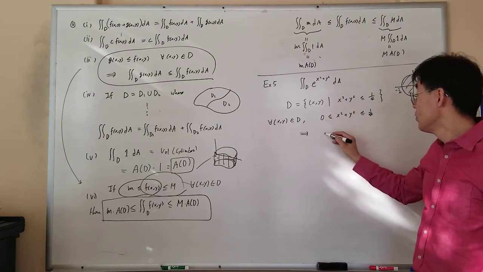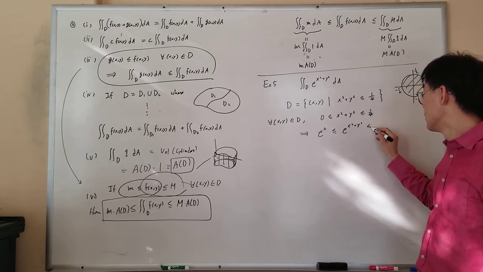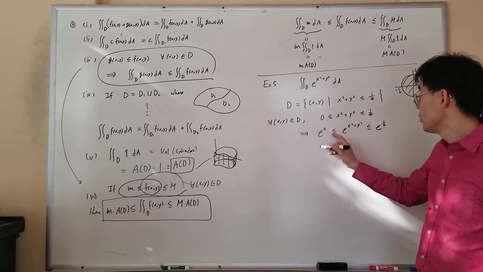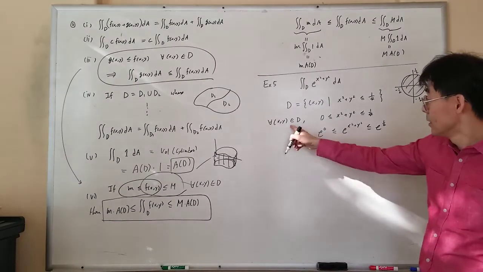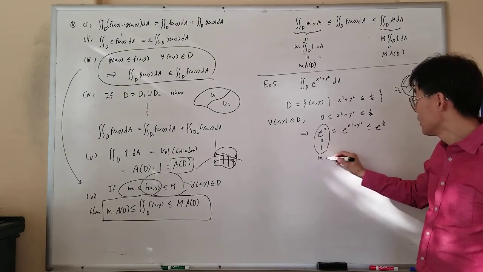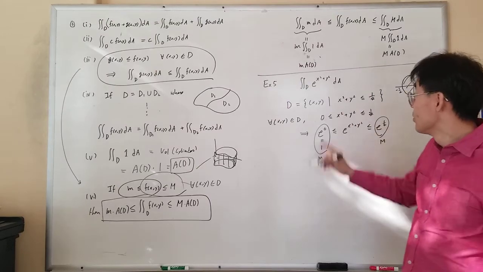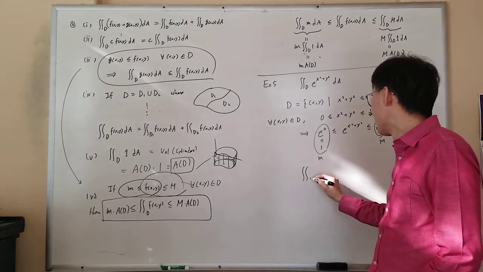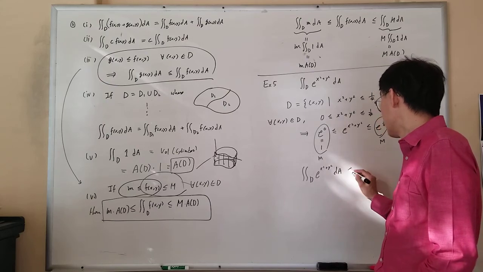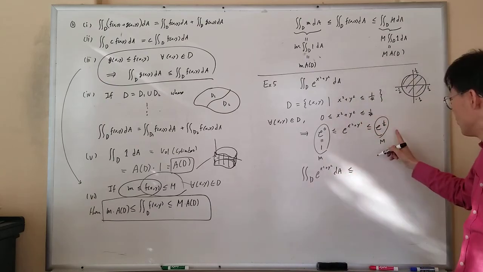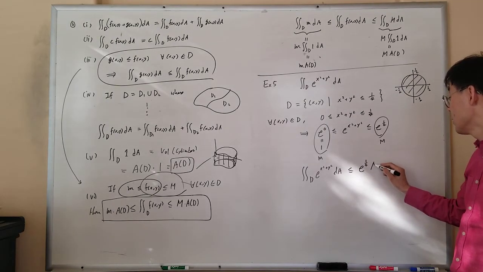Therefore, e to the 0, which is 1, up to e to the 1/4. This is your lowercase m, this is your uppercase m. So this double integral is, according to this, bounded by the upper bound value times area of D.